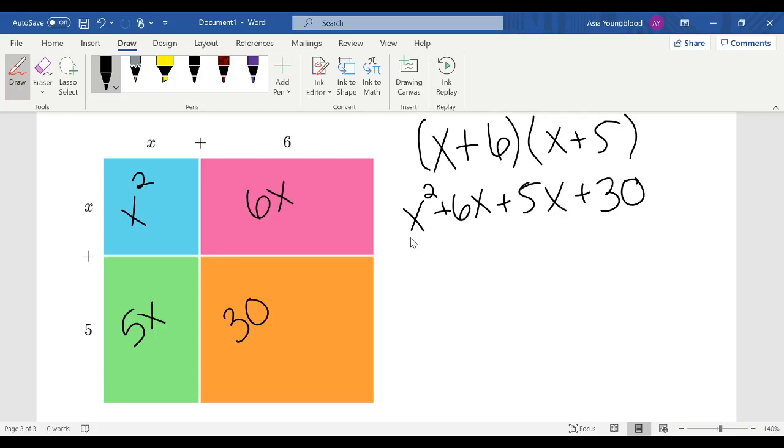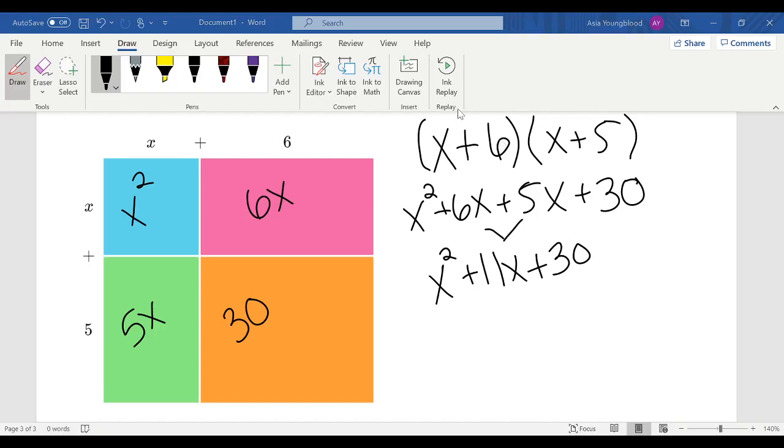We can't combine x squared and 6x, for example, because this term has x squared and this term has x. So the variable has to be the same in order to combine the coefficients. We're going to combine these with addition. So our final answer for this problem should be x squared plus 11x plus 30.